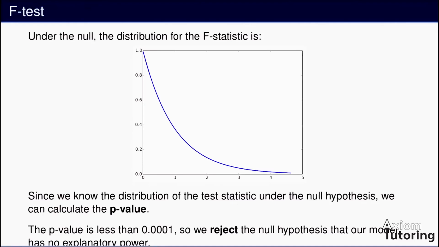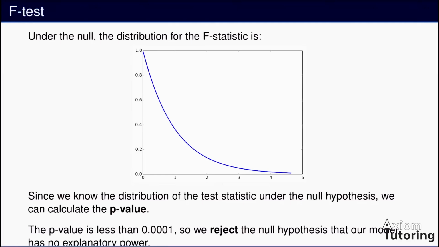Now, under the null, that means assuming the null hypothesis is correct, the distribution for the F statistic is as follows. And so now, since we know the distribution of the test statistic under the null hypothesis, we can calculate the p-value. And we're basically going to see what is the probability that we get a value that is higher than 671.